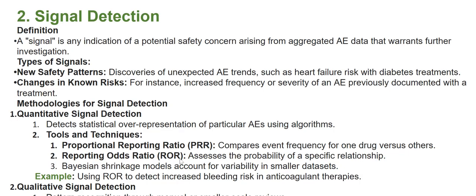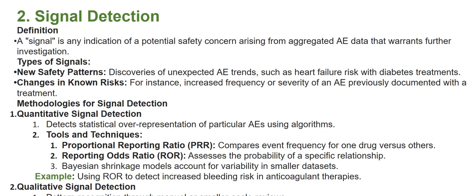The reporting odds ratio, ROR, assesses the probability of a specific relationship. Bayesian shrinkage models account for variability in smaller data sets. Example: using ROR to detect increased bleeding risk in anticoagulant therapies.